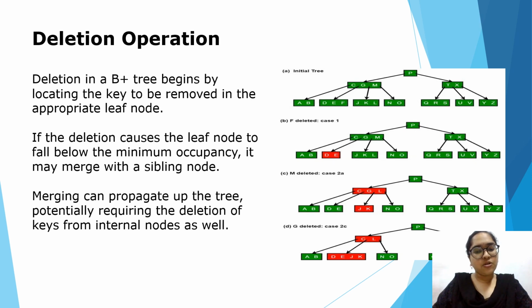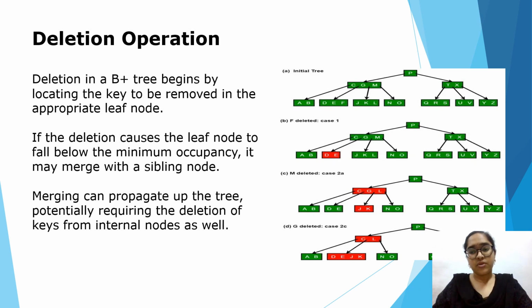So if the deletion causes the leaf node to fall below the minimum occupancy, it may merge with a sibling node. So merging can propagate up the tree, potentially requiring the deletion of keys from internal nodes as well. So basically deletion is performed in three ways.